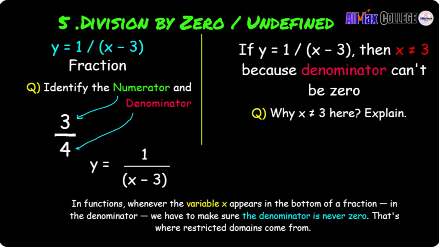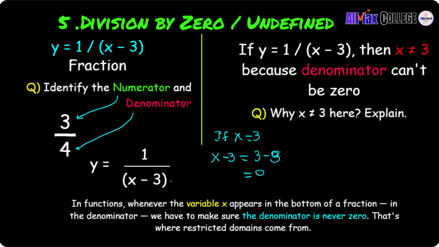If x equals 3, then what happens? When you substitute x here, 3 minus 3 is 0.